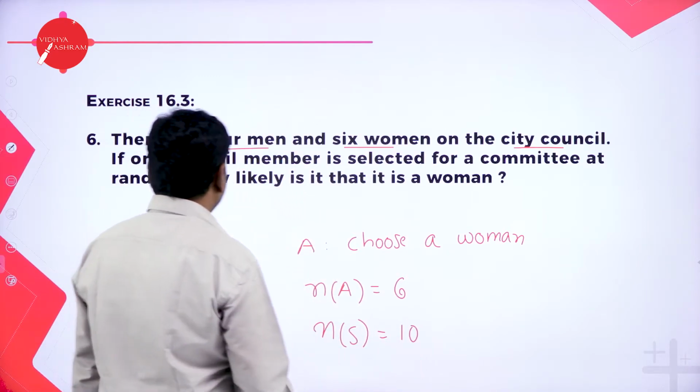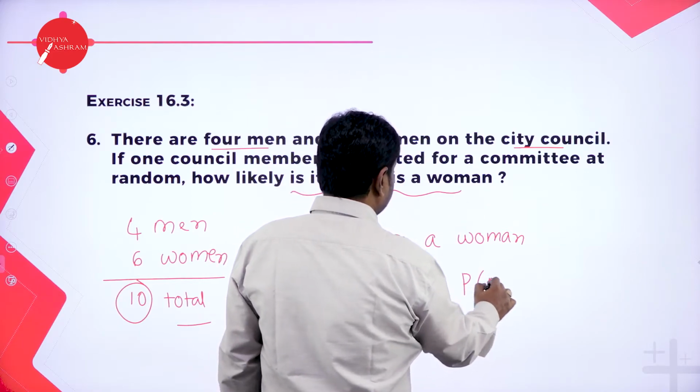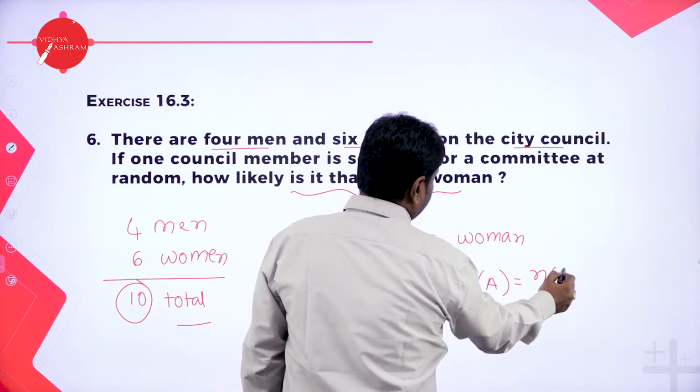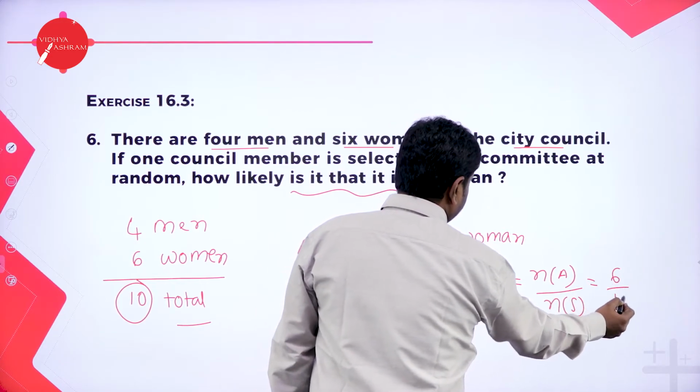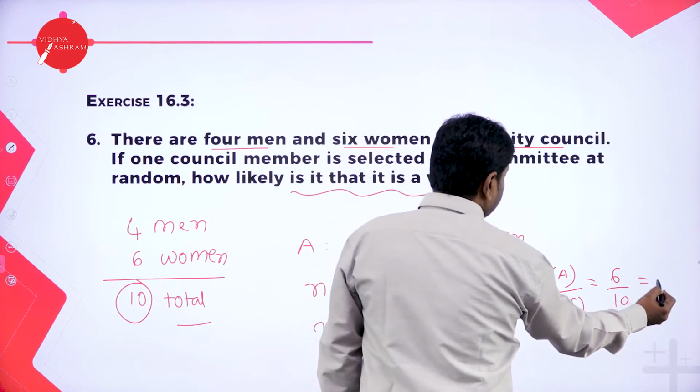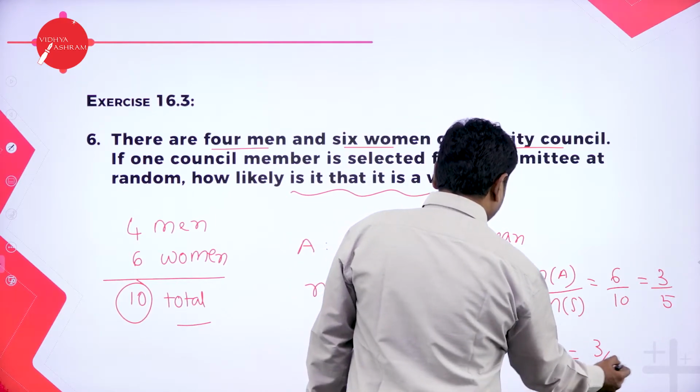Now they want the probability of choosing a woman. P of A is n of A divided by n of S. So we have 6 women out of 10 people. 6 by 10. 2 3s are 6, 2 5s are 10, so 3 by 5. So the probability is 3 by 5.